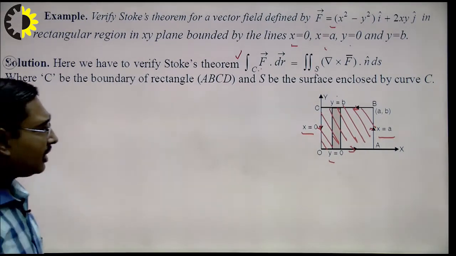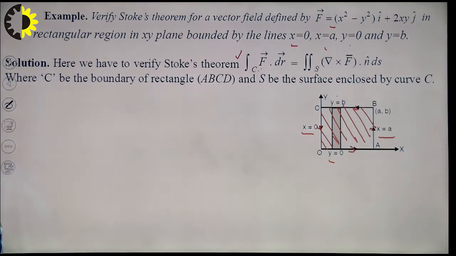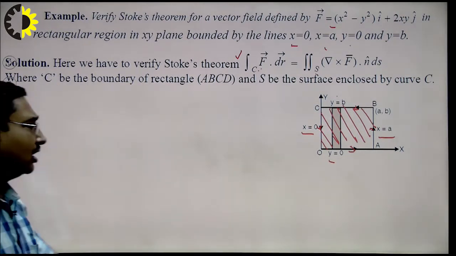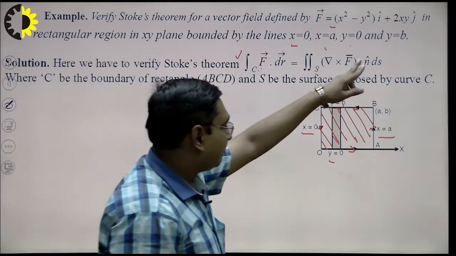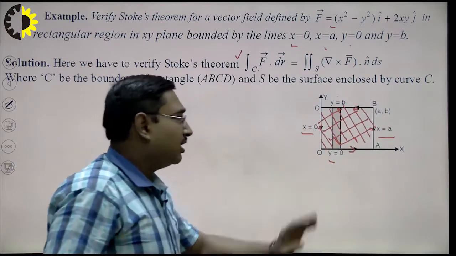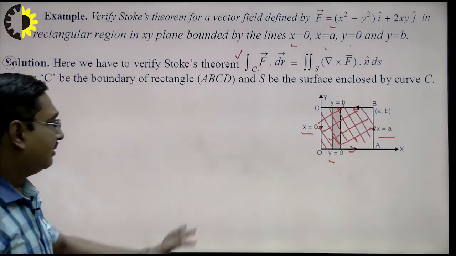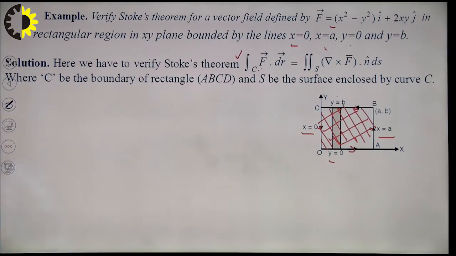So I shall evaluate this integral over C f dot dr, the integral occurring on the left hand side, for this rectangular boundary, and this surface integral for the surface bounded by this rectangle, and these two quantities must be equal to verify Stokes theorem.